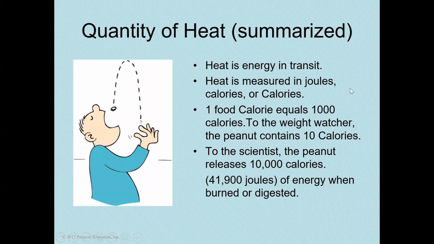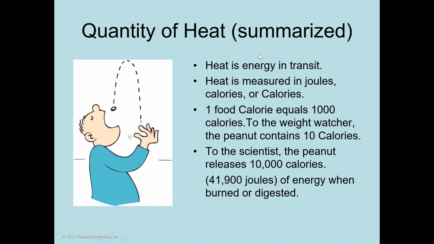So the summary of what we just learned is that A, heat is energy that's moving or in transit. B, we measure heat as the energy in joules, calories, or kilocalories, capital C. And that 1 food calorie, the kilocalorie, is equal to 1,000 calories.